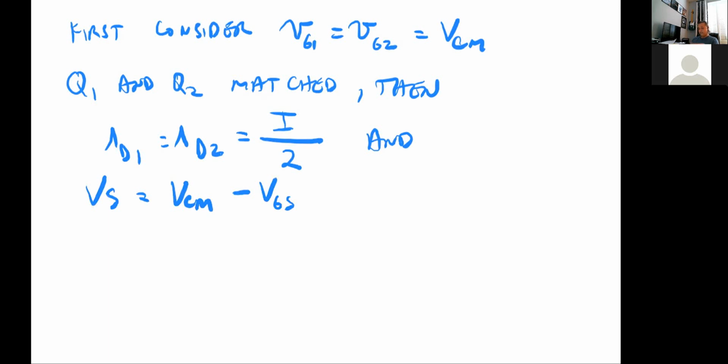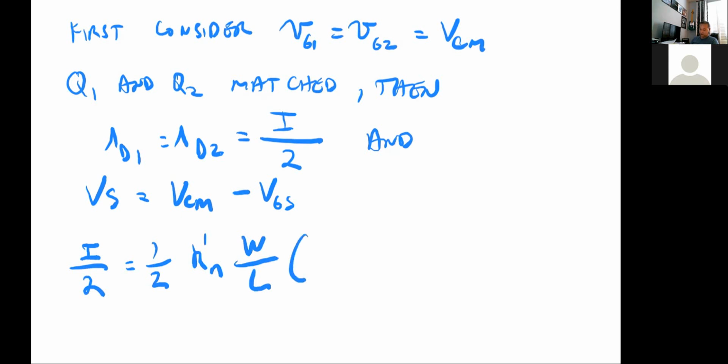Then, based on that, if we write the drain current equations for the transistors, which again is the same, we get the drain current equation, going back to our drain current equation, and these are N channels, with only one W/L ratio because the transistors are matched.